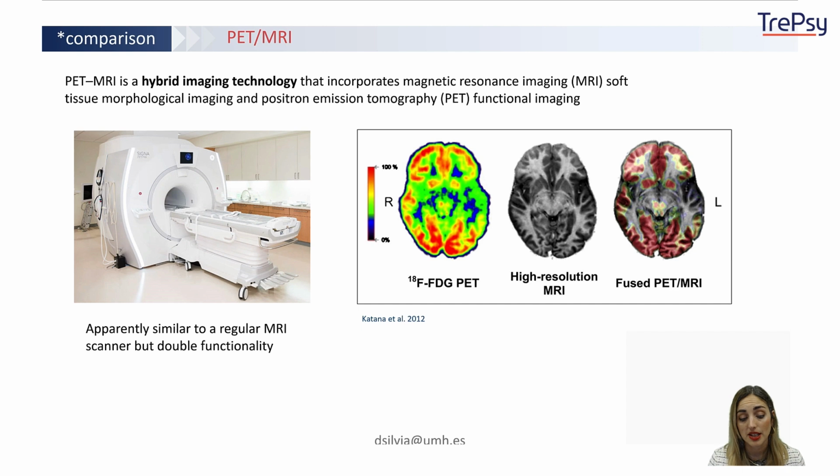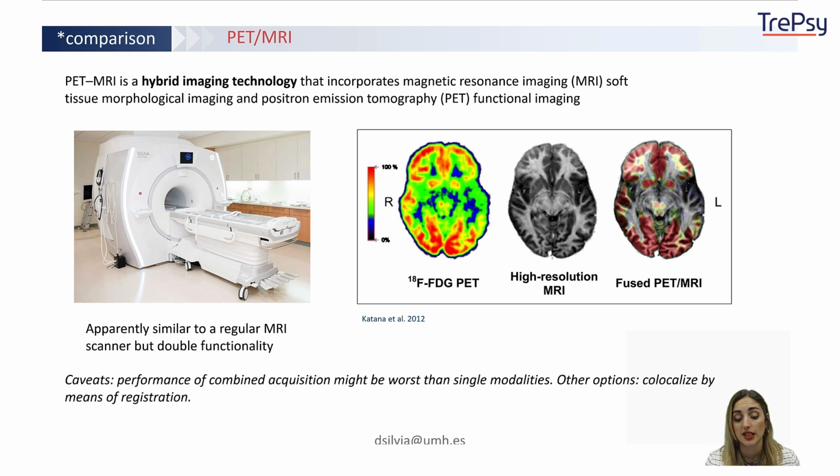It's apparently similar to a regular MRI, but it has double functionality. In this case, this is a work looking at glucose metabolism with PET. This is the first image in the picture, and this is combined. This is the typical low resolution of PET, but it is combined with high resolution MRI, so you can have diffused contrast.